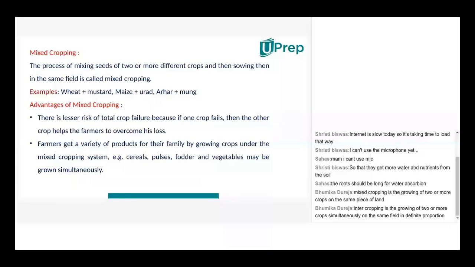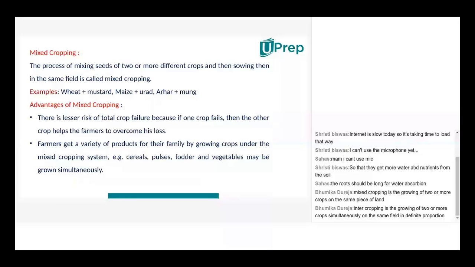Advantages of mixed cropping. There is lesser risk of total crop failure because if one crop fails, then the other crop helps the farmer to overcome his loss. Farmers get a variety of products for their family by growing crops under the mixed cropping system. For example, cereals, pulses, fodder, and vegetables may be grown simultaneously.